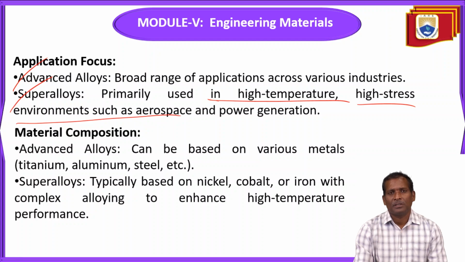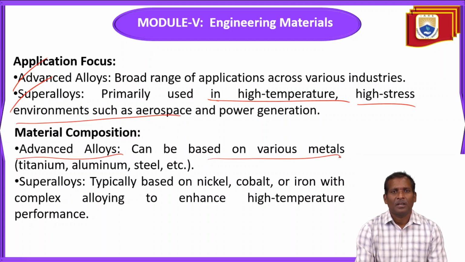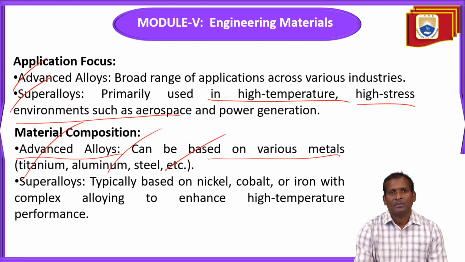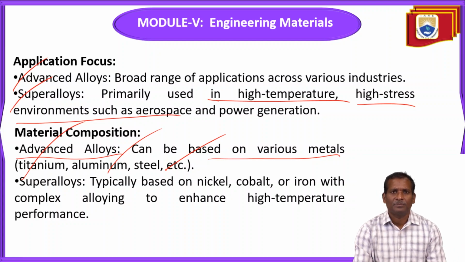The material composition. You have to write the advanced alloy composition and the superalloy composition here. The advanced alloys can be based on various metals. Already we have seen titanium, aluminum and steel, etc. These alloys are composed with other materials additionally added, such as chromium, molybdenum, magnesium, depending upon the material characteristics and the requirement of the application.